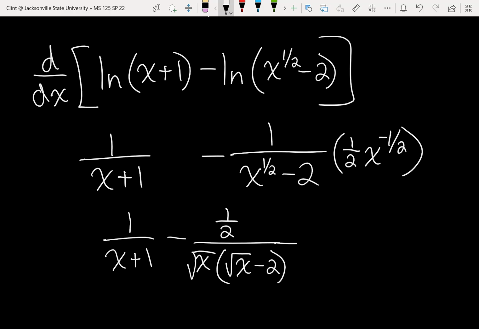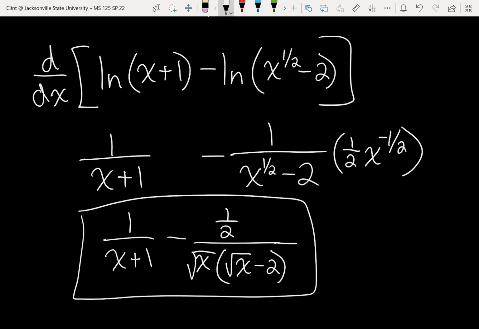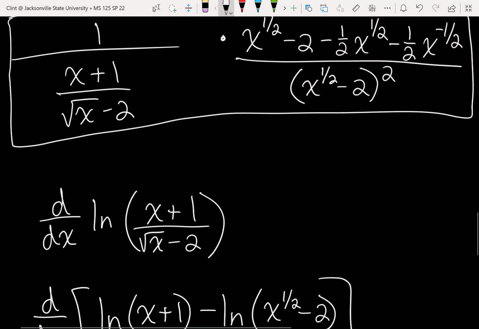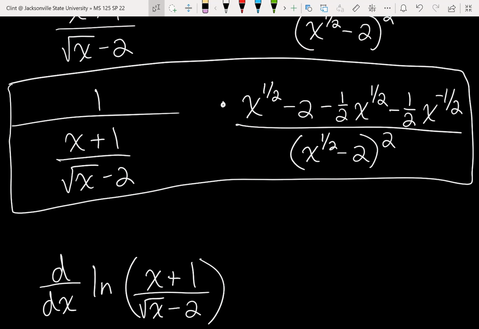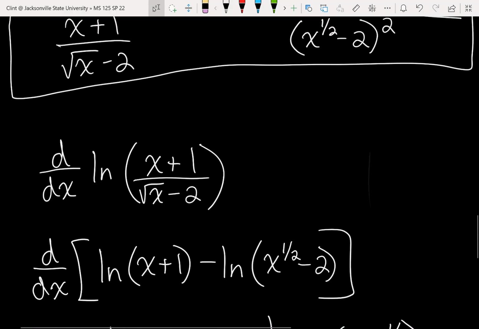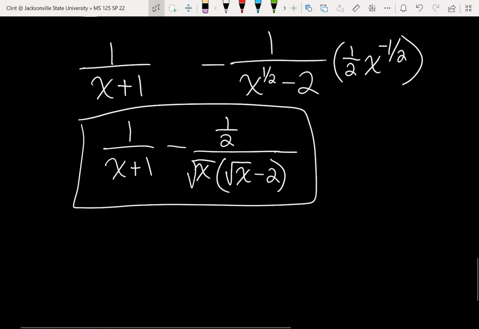So this one I moved down to the bottom. Still, to me, that's much nicer than that. That's quite a mess there. It should be the same thing. And we didn't even have to do quotient rule. So anytime we get out of doing quotient rule, I'm pretty happy.